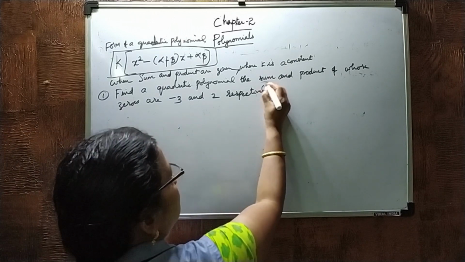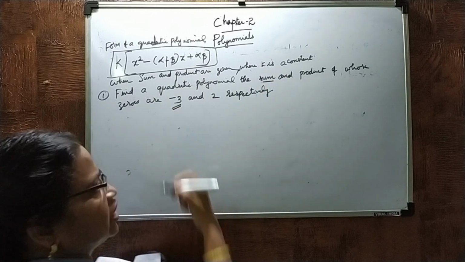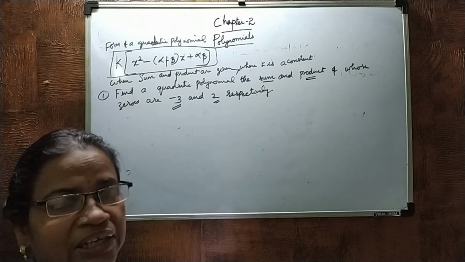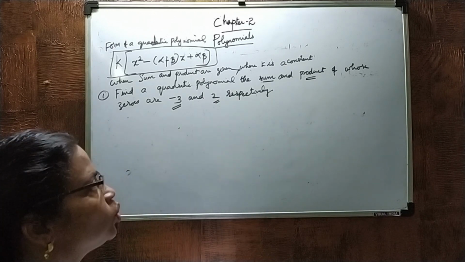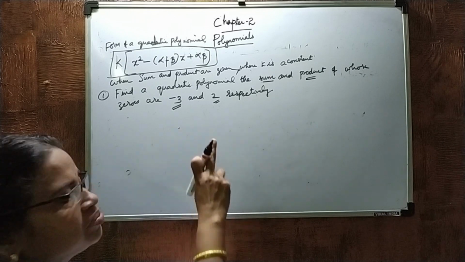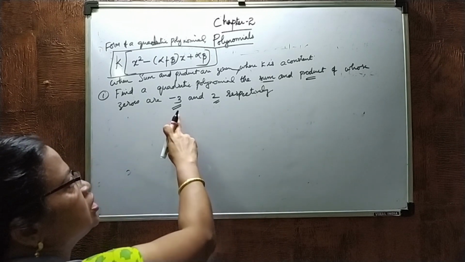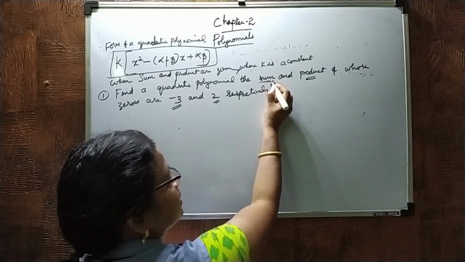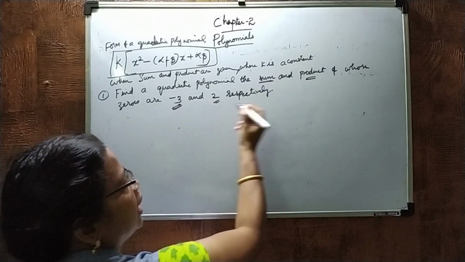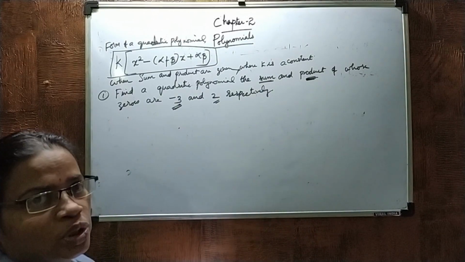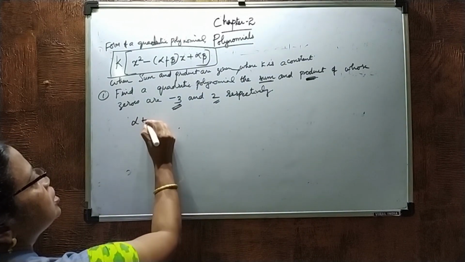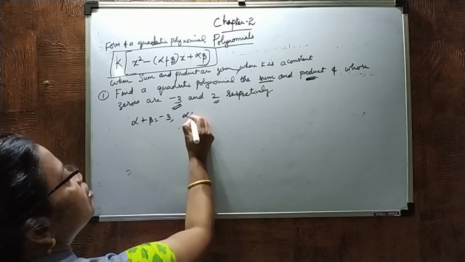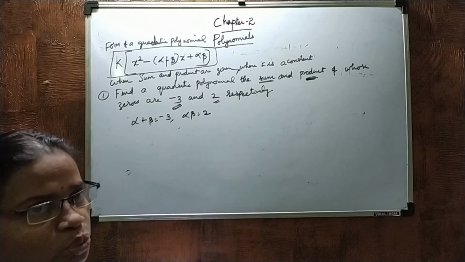Now look, sum is given as -3 and product is 2. Don't think that these are two separate zeros, and don't think about this as alpha and this as beta. It says that sum is -3 and product is 2. That means alpha plus beta equals -3 and product alpha beta equals 2.